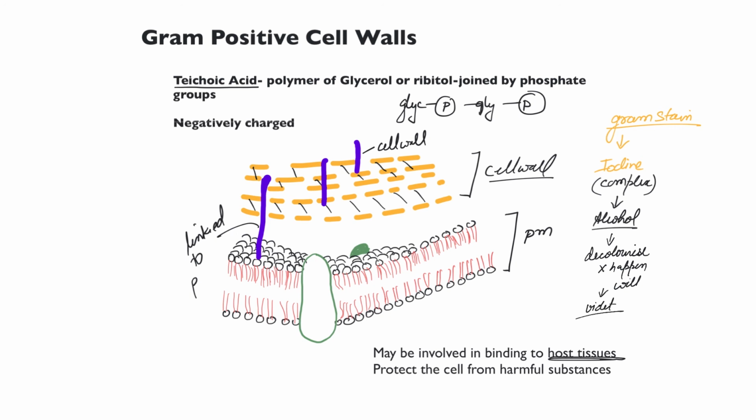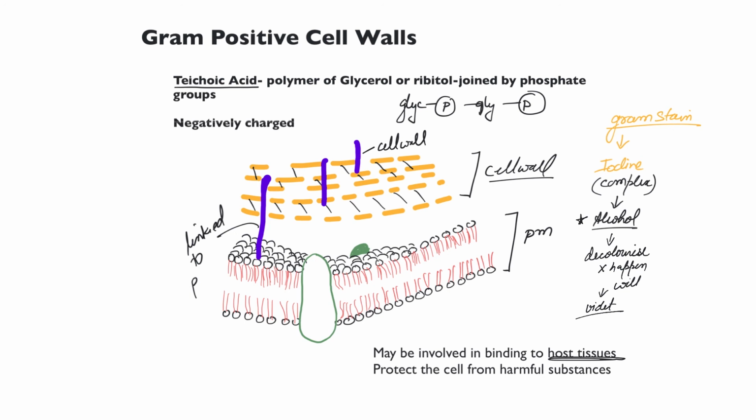Gram-negative bacteria have a very thin cell wall, and hence they cannot lock this in. Further, because of the outer membrane which we discussed in the beginning, the alcohol makes enough pores in the membrane to allow the iodine and crystal violet complex to leak through. That is what allows it to be decolorized very easily.